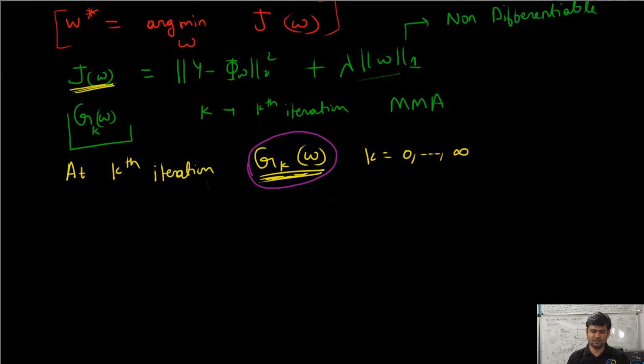So let's assume that at the kth iteration, we have some guess of the parameter W. We have some wk, which is perhaps generated by solving some optimization problem.